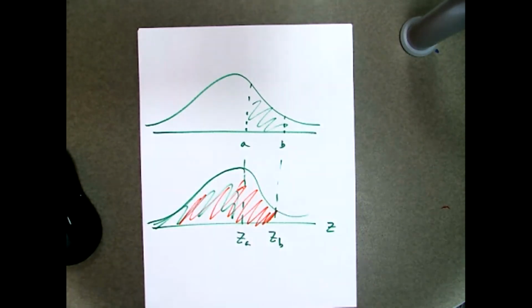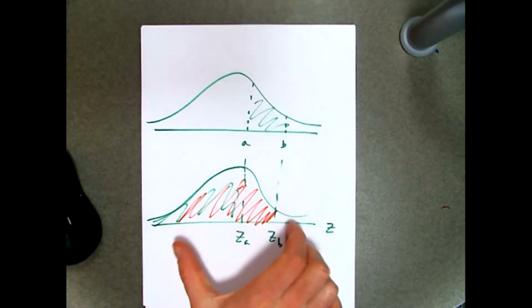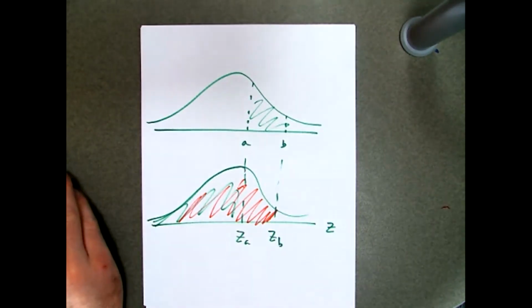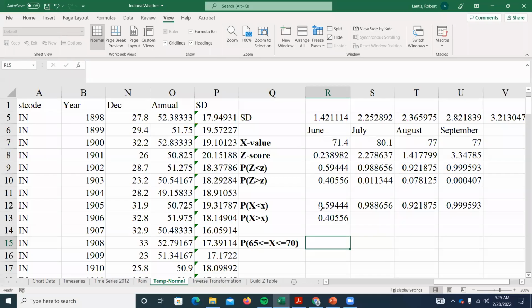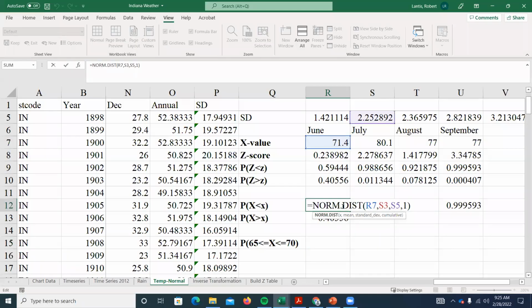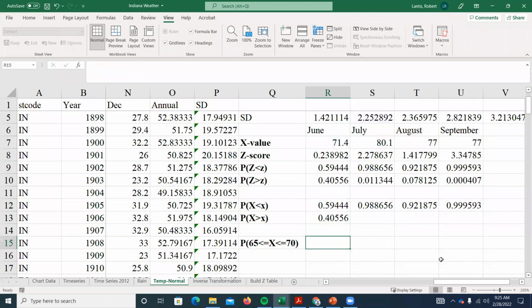So I can use that norm.s.dist twice, subtract the smaller from the larger, and I'll be done. Now, I'm not going to do all the intermediate work because I know that I've got this norm.dist function that does it all for me.